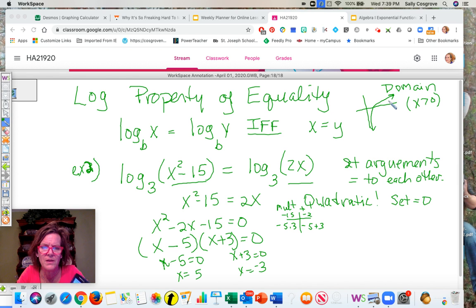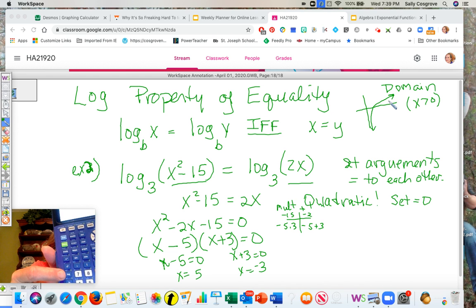In fact, if you have your calculator, you can try to take the log of a negative number. You have a log button on your calculator. We haven't used it yet because your calculator is just in base 10 or base e, which we'll talk about later. But we can even just try base 10. So let's try to take the log of negative 6. The log button is right next to the 7, right here, you see it says log.